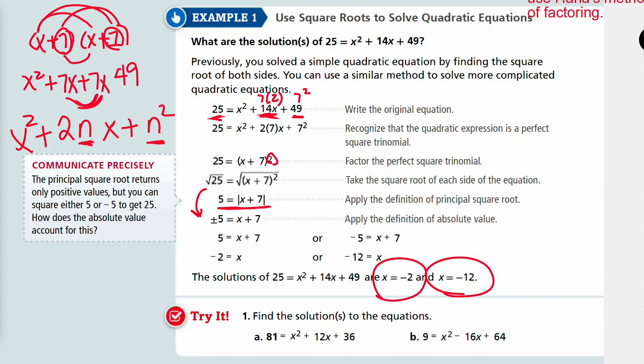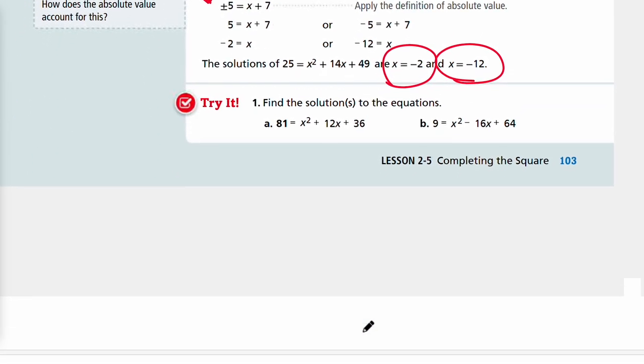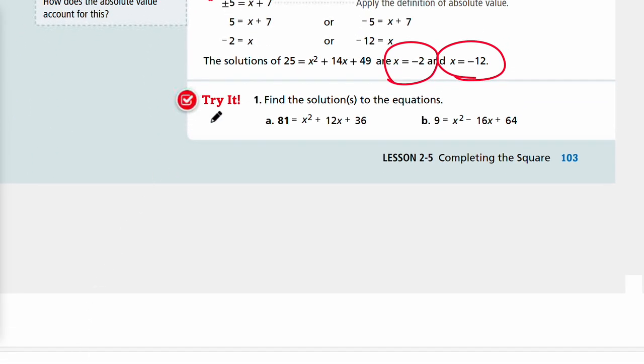Okay, are you ready for answers? All right, let's look at try number 1. So this is also a perfect square trinomial because you have a factor of 6 squared here and then 2 times 6, right? So then you want to factor out first because 81 is also a perfect square, right?